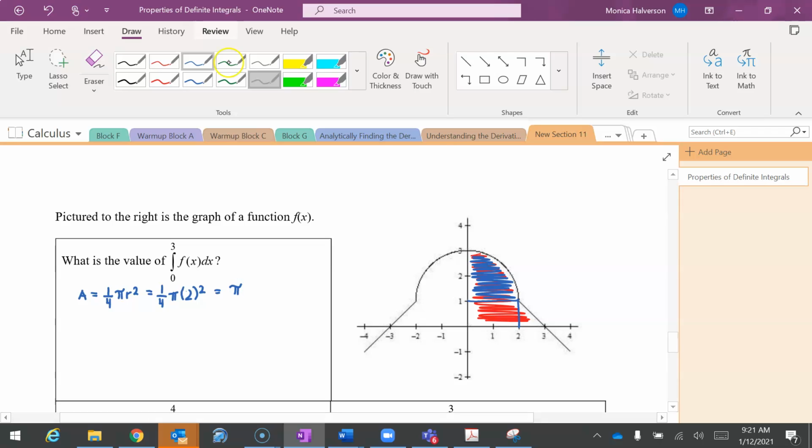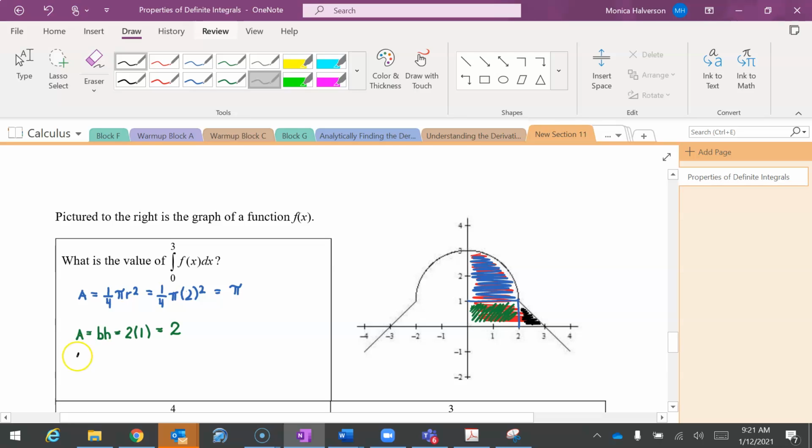The next part we would have to look at is our rectangle. The area of our rectangle here would be base times height, which in this case would be 2 times 1, which would equal 2. And the last part we would have to look at is our triangle here.